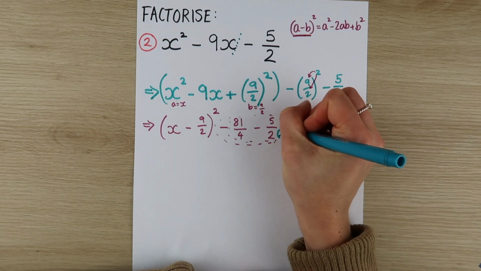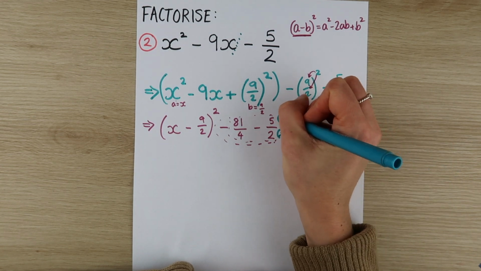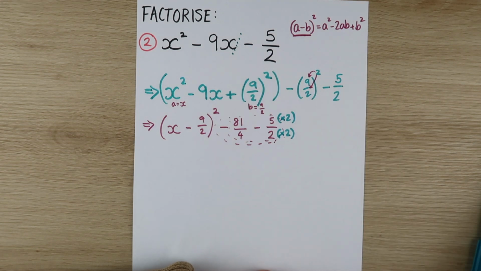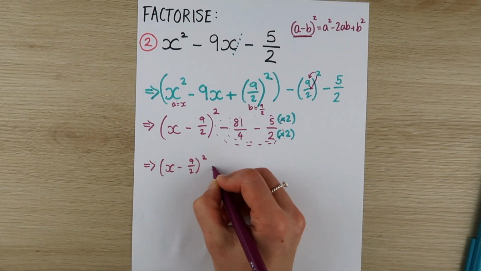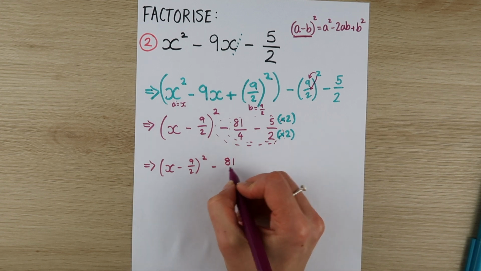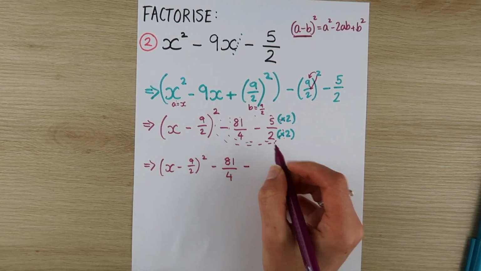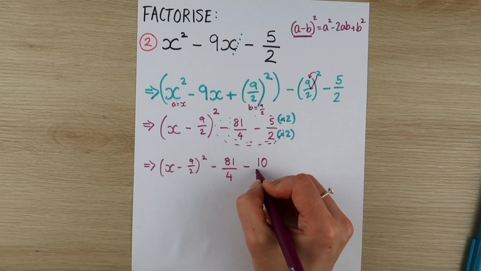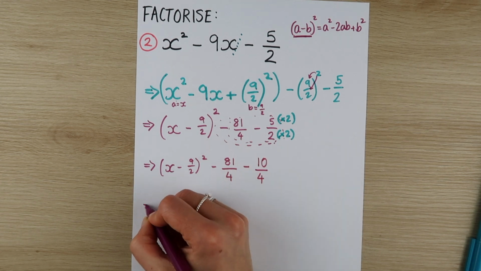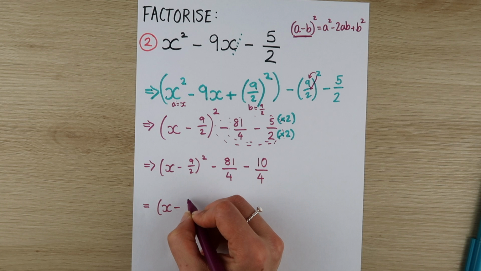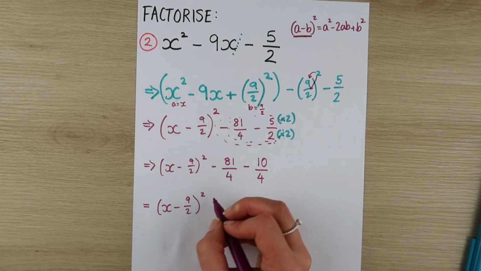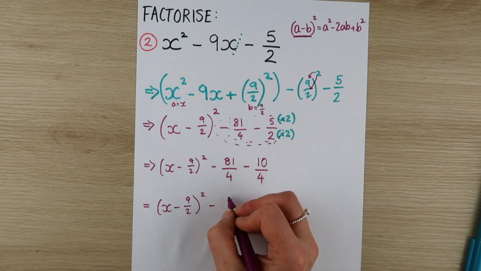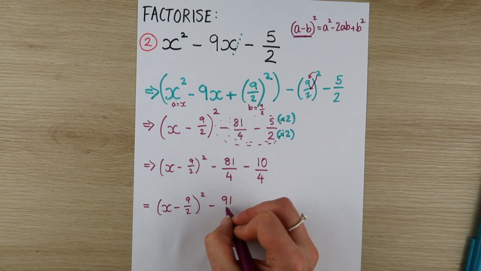I'm going to multiply by 2, multiply by 2, and that creates 81/4 minus 10/4. And now I combine these two, which becomes negative 91/4.